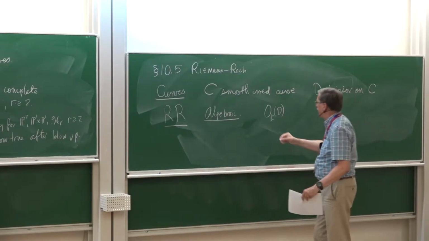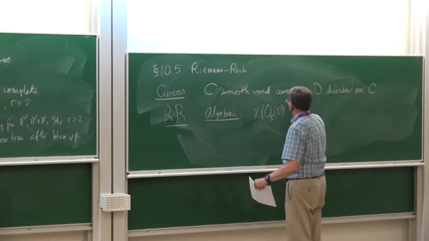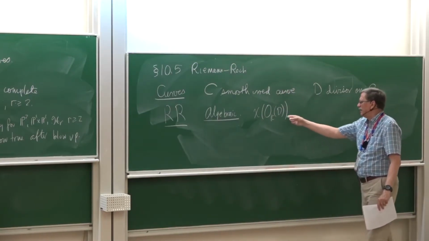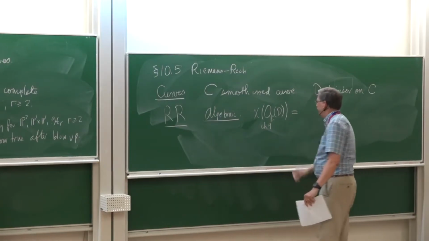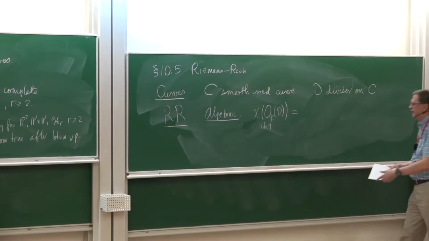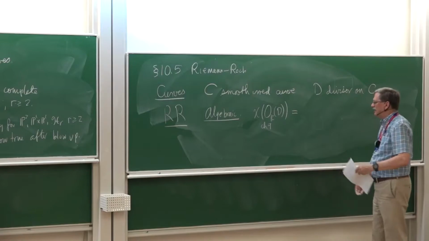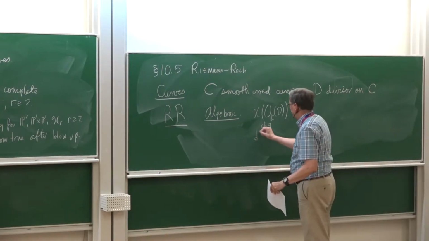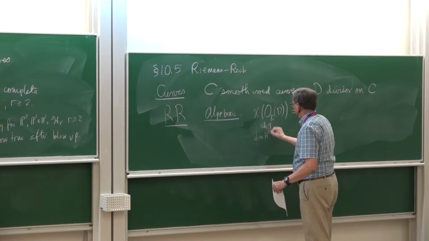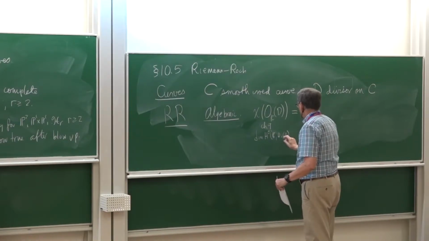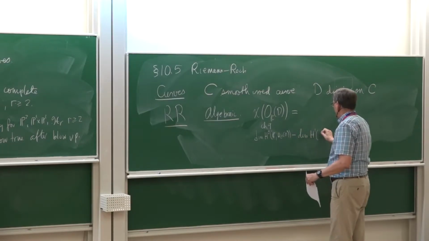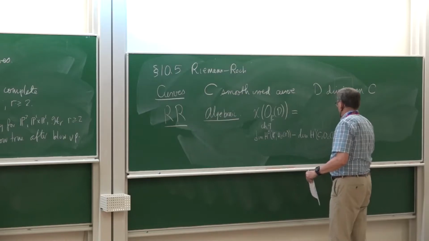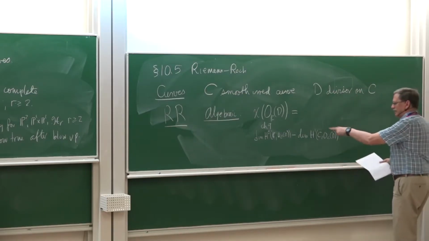And then, of course, we know sheaf cohomology, and so you can take the Euler characteristic of the sheaf you get from D. And so this uses chapter 9. So the question is, what is the Euler characteristic of this sheaf? And notice that in this case, because it's a curve, this is simply the dimension of H0 of C, OC of D, minus the dimension of H1 of C, OC of D. And so it really is just this little sum.